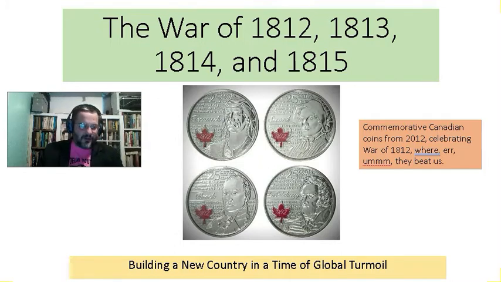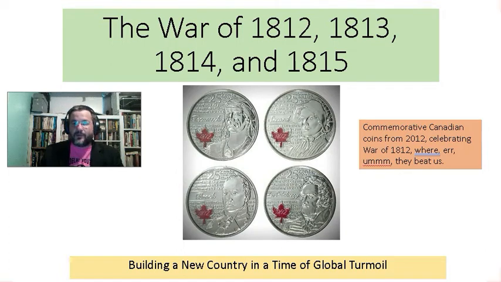For the 200-year anniversary in 2012, Canada came out with some commemorative coins for the conflict, because in Canada, they don't see it as a sort of second revolution or attempt to overthrow American independence. They see it as an American attempt to conquer Canada and a Canadian defense of their right to exist independently of the United States.